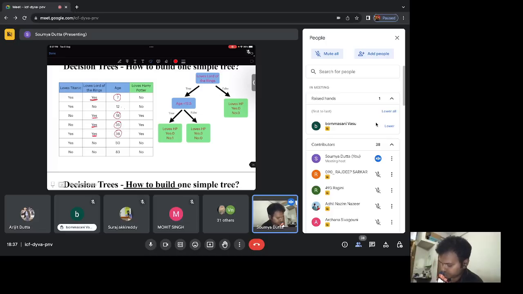The midpoint of 7 and 18 is 12.5. The midpoint of 18 and 35 is 53 divided by 2, which is 26.5, and of 35 and 38 is 36.5. So these are the 3 age splits you want to look at. Is this clear, how I found 12.5, 26.5 and 36.5?